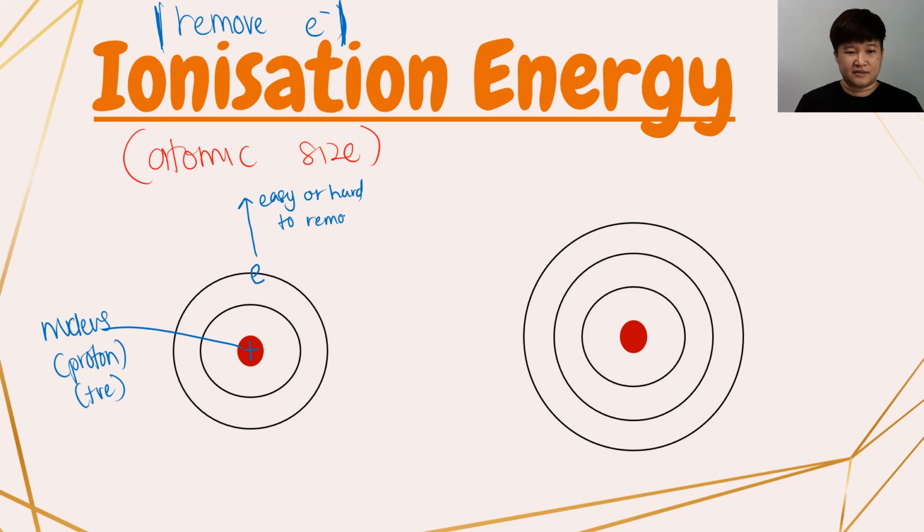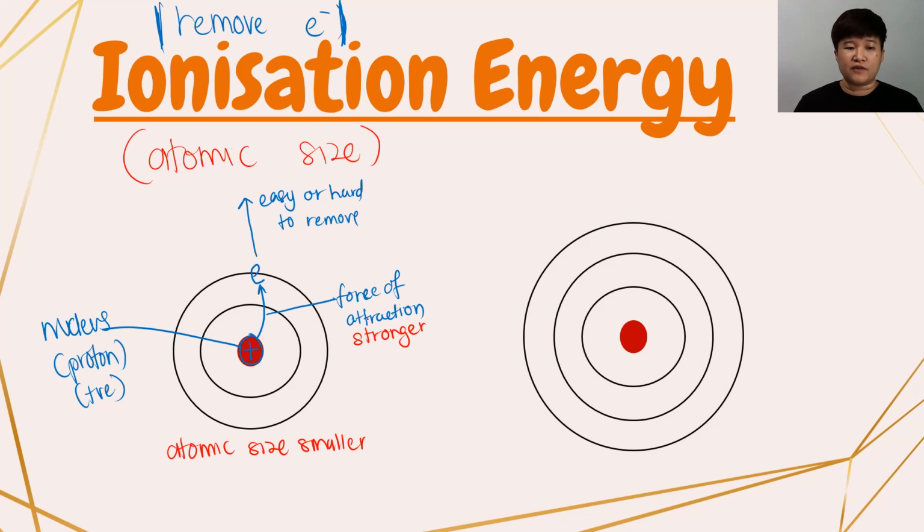So that is your nucleus. Your nucleus and your electron have something called force of attraction. When the atomic size is smaller, what happens to the force of attraction? The force of attraction from the nucleus to the valence electron will be stronger.